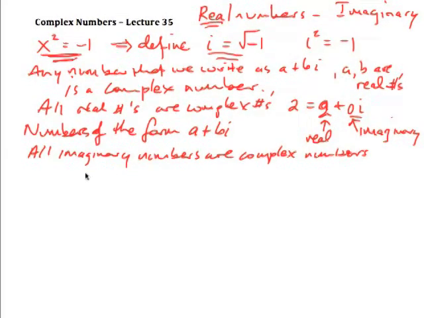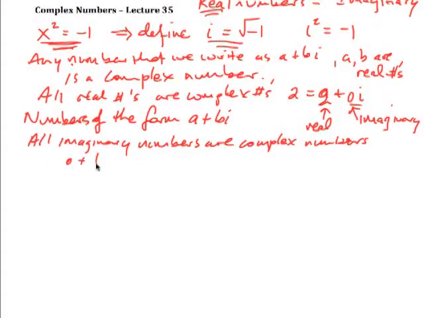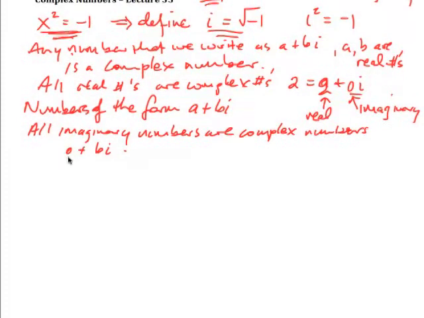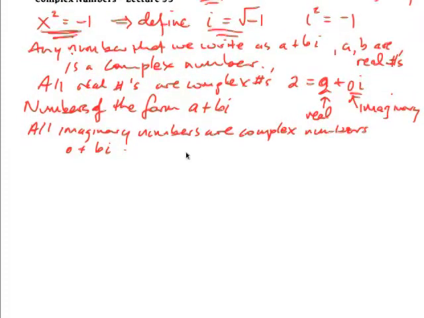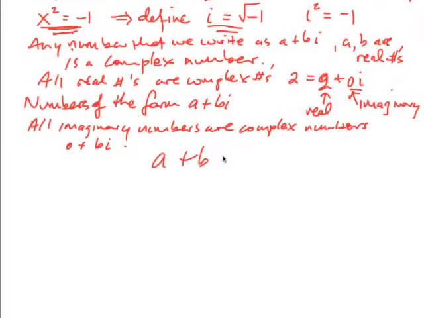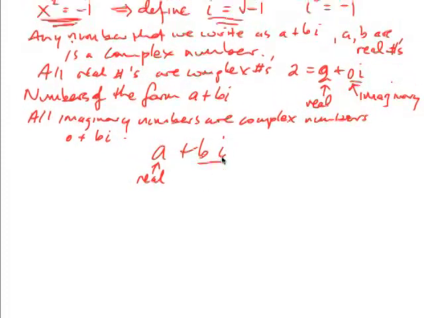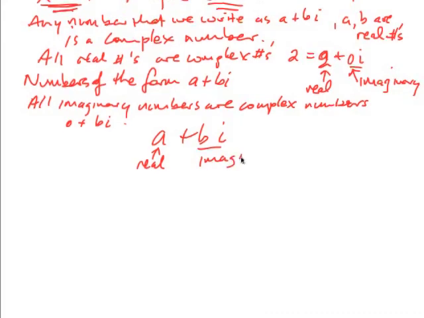Again, this is because we could write it as 0 plus bi. So you notice that we have a 0 part for the real part. So when we have a plus bi, this is the real part and this is the imaginary part.